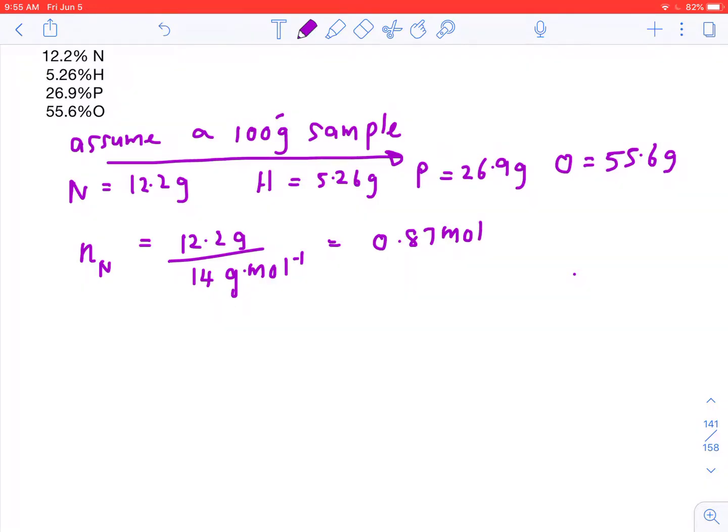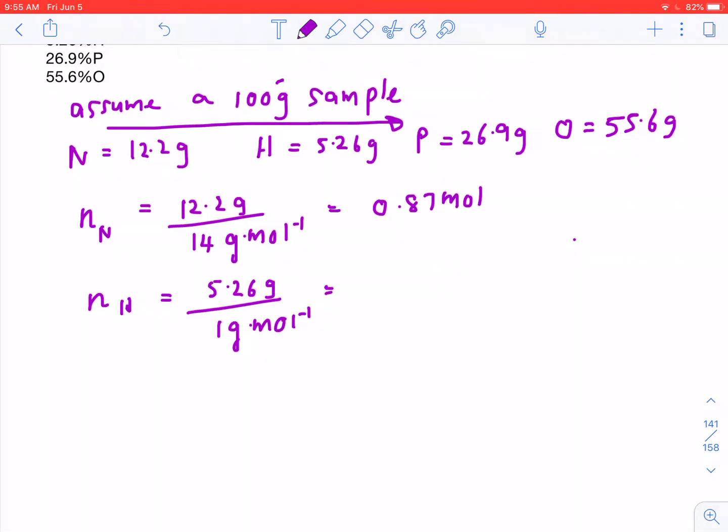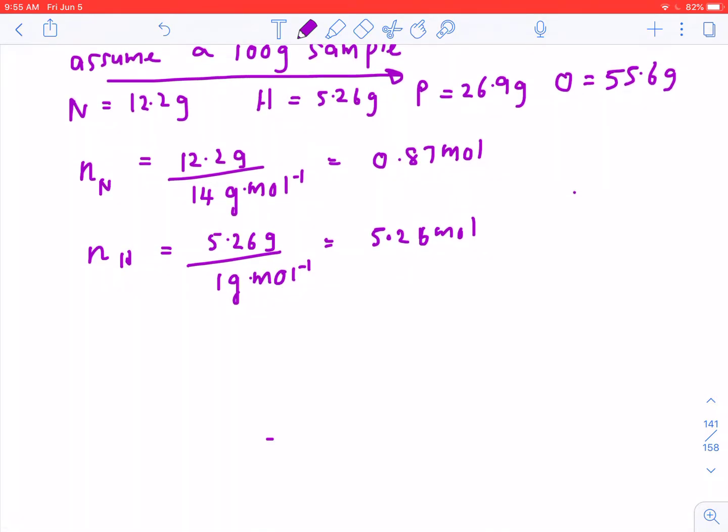Right. And N of hydrogen is equal to 5.26 grams, and the molar mass of hydrogen is 1 gram per mole, and that gives us 5.26 moles. And then you want phosphorus.